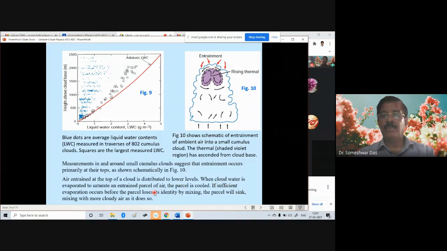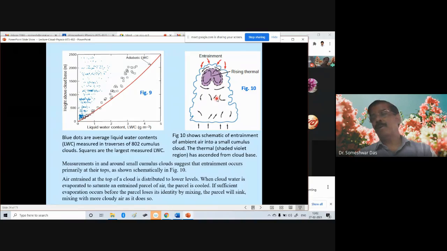When cloud water is evaporated to saturate an entrained parcel of air, the parcel is cooled because of the evaporation. If sufficient evaporation occurs before the parcel loses its identity by mixing, the parcel will sink, mixing with more cloudy air as it does so.